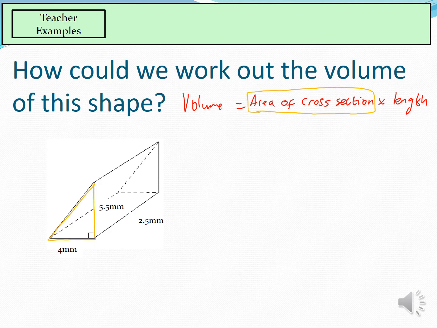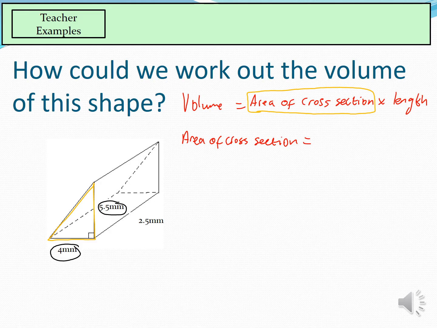So to work out the area of the triangle, area of cross section is equals to the base times by the height. I'm not going to recap the formula again, but the base is 4 and the height's 5.5.